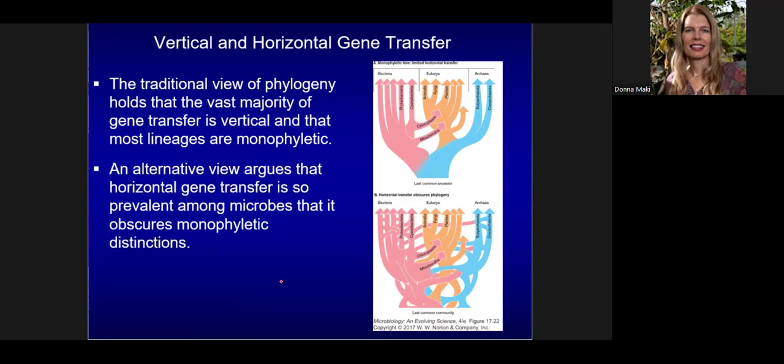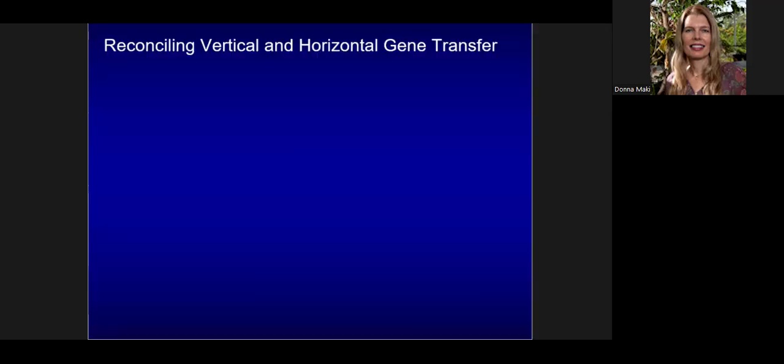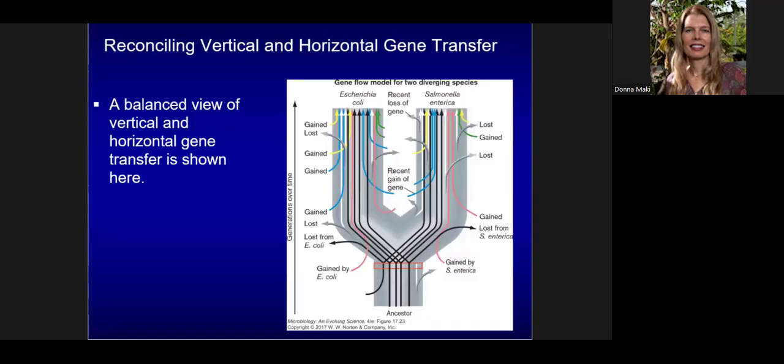And so there's a lot of interesting talk about that. Here's an image from another source, not from your textbook, but again, just trying to show your phylogenetic tree of life is not so clear cut. You have all this horizontal transfer and interconnection going on. And if you talk to an evolutionary microbiologist in particular, they'll love to talk to you about that more.